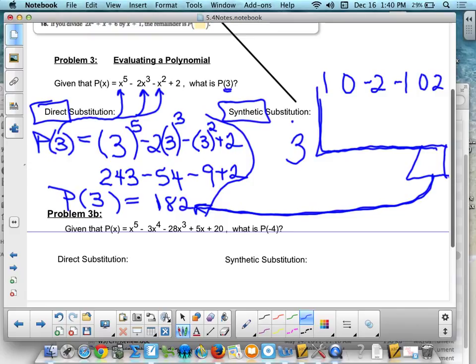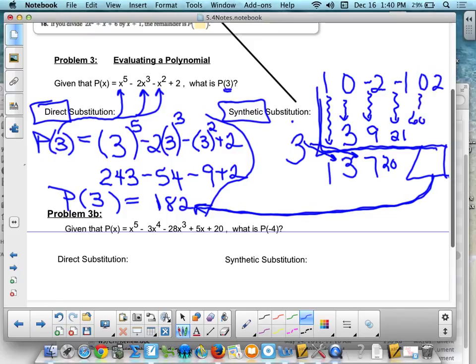So you'll get what here when you come down? 1. Multiply, 3. Add, 7. Multiply, 21... add down, 20. 3 times 20, 60.